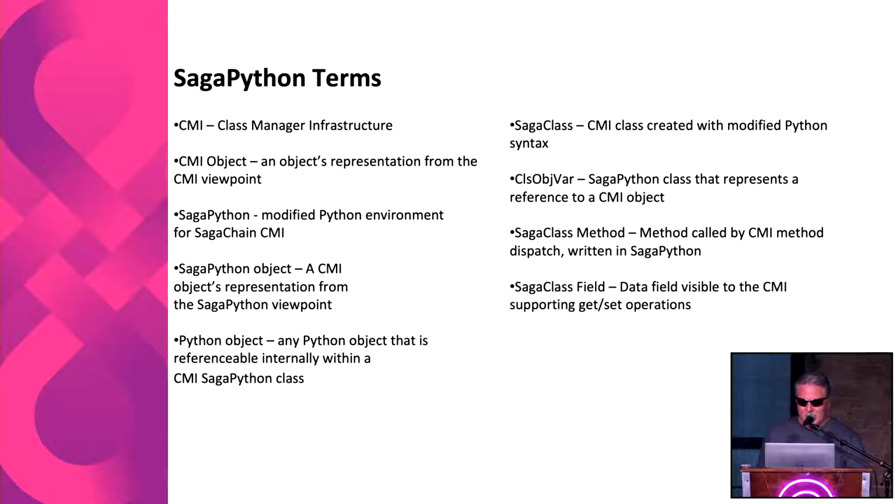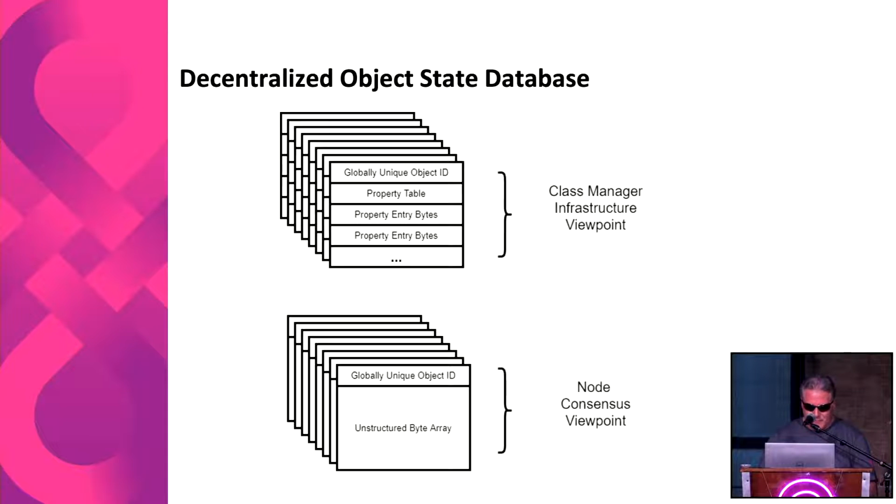Everything in this is objects; you'll hear me say object way too many times. The Saga class method is the method call on the CMI object that SagaPython code will actually call, and a field is something that can be updated, read, that type of thing. Okay, next slide.